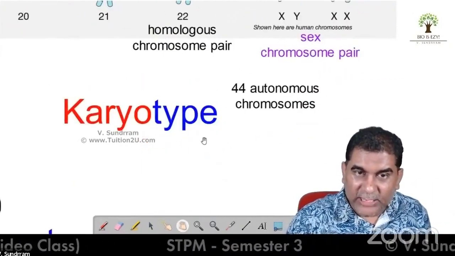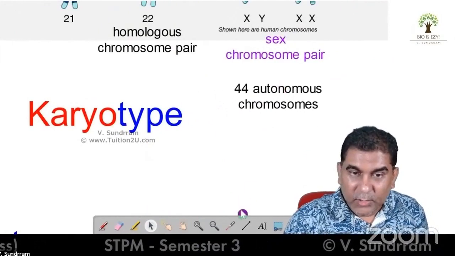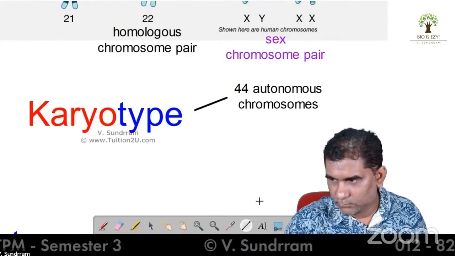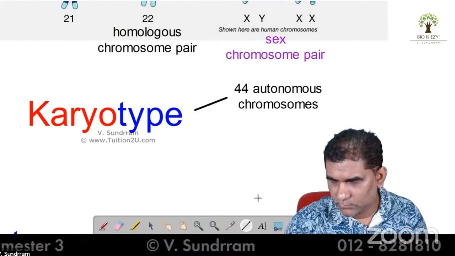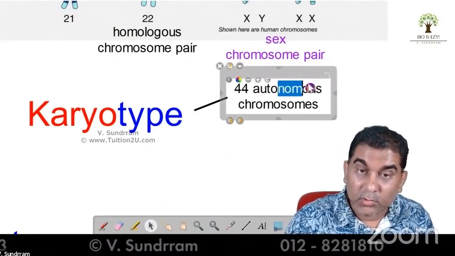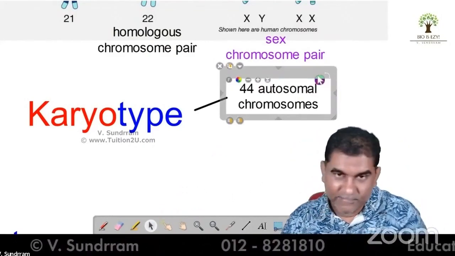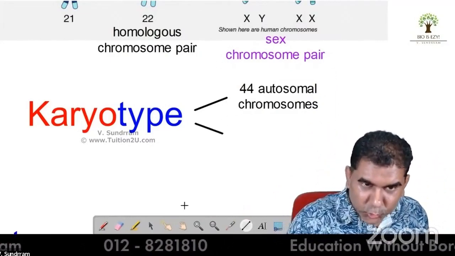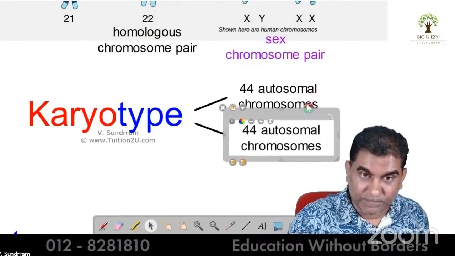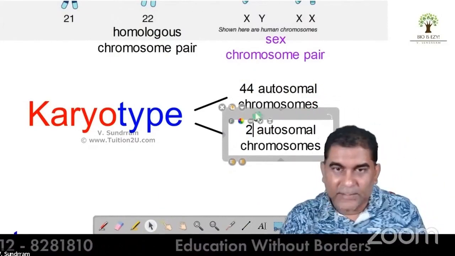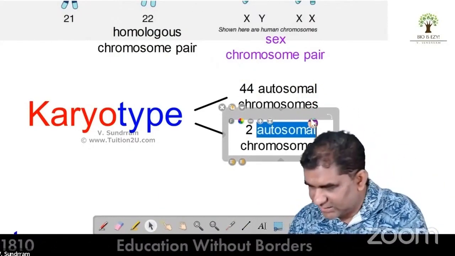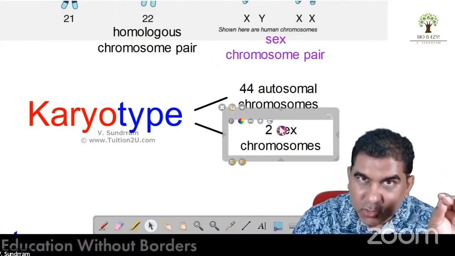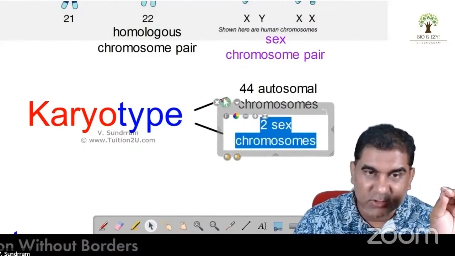So the human karyotype will have 44 autosomal chromosomes and 2 sex chromosomes. So the total becomes 46.